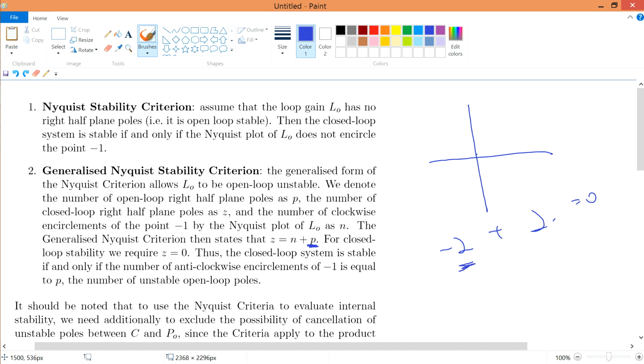So your number of encirclements in the anti-clockwise direction, which is negative, plus your number of poles in the right half plane of your closed loop, must be smaller than or equal to 0. It's not necessary to be 2. You can be 1, you can be 0 also. 0 will be better, but you're still stable even at negative 2, because negative 2 is still smaller than 0. And therefore we can still say it's stable.